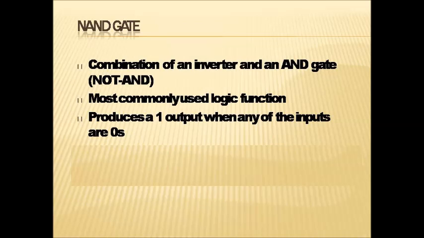Here you can see the details of a NAND gate. As we know, the NAND gate belongs to the universal gates. The NAND gate is a combination circuit of a NOT gate and an AND gate.